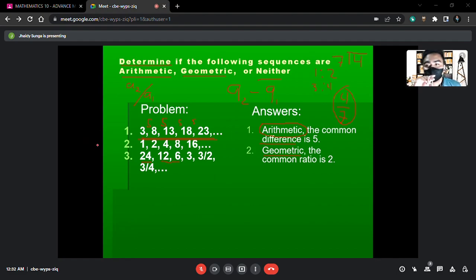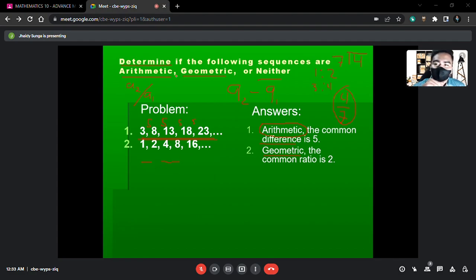Again, in geometry the operation we use is multiplication or division, and if it's division, it was half.